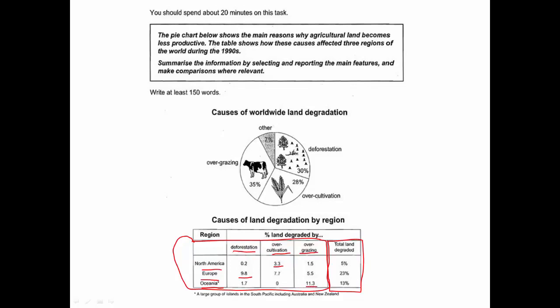So each country has a different main reason. So we just report this, this, and this, and we don't worry about any of the other data. It's not relevant, it's not important.